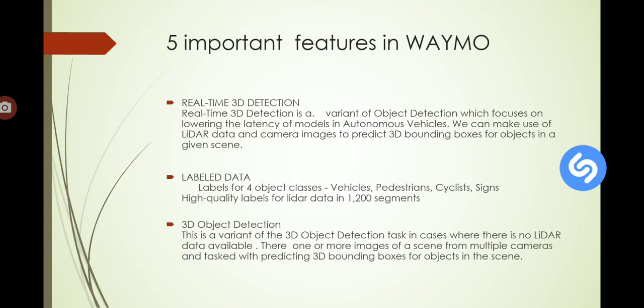There's labeled data, labels for objects, vehicles, pedestrians, cyclists, signs, high quality labels in LiDAR data in 122 segments. 3D object detection.